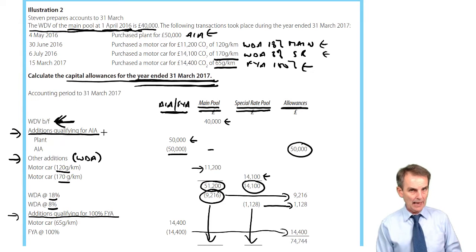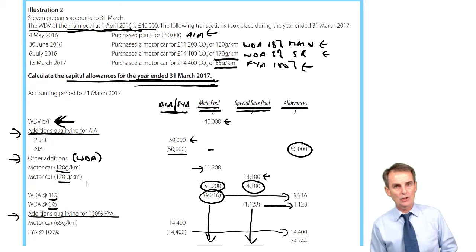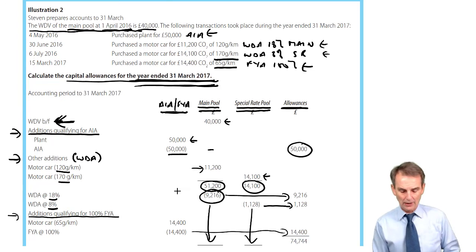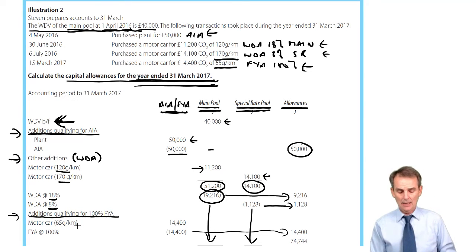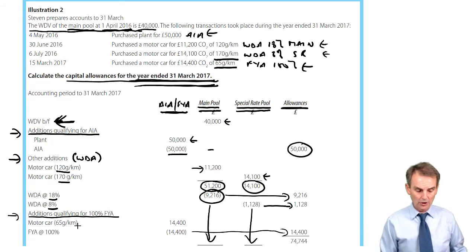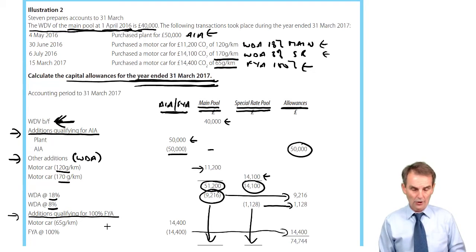Additions qualifying for AIA, firstly special rate pool expenditure, secondly main pool expenditure. Then other additions that qualify for WDA, cars, which pool do they go into? Is it main, is it special rate, depending on the CO2 emissions. Calculate the available WDAs. Then, if you did have, as here, any low emission cars purchased, you would then be claiming your 100% first year allowance.